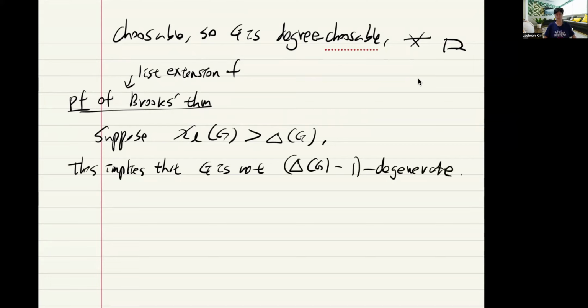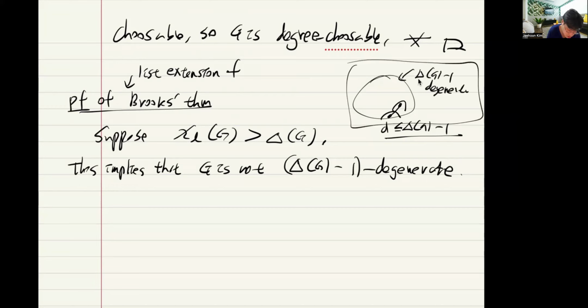As G is a connected graph, if you have one vertex whose degree is smaller than delta, then you delete it. And there must be another vertex which was adjacent, which now has a lower degree, so you can delete it, and you can keep deleting. That means this is delta of G minus 1 degenerate.